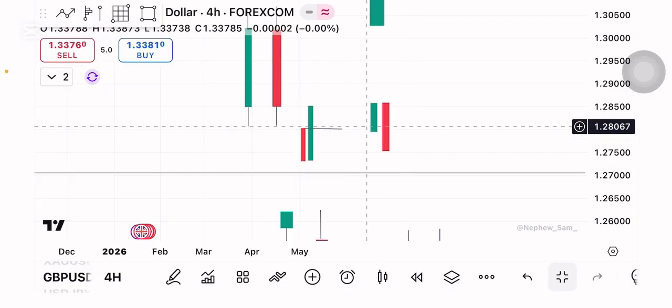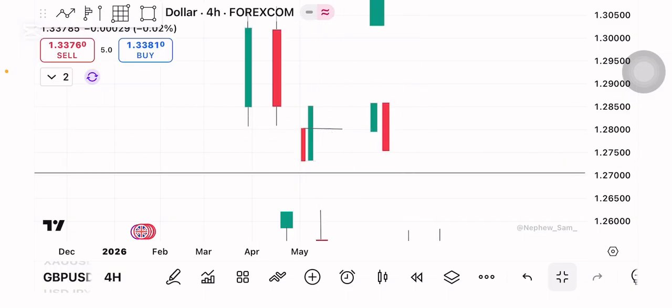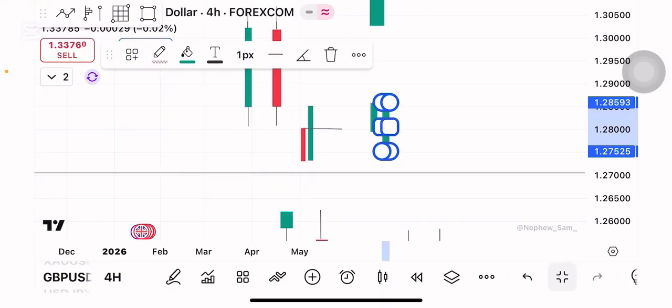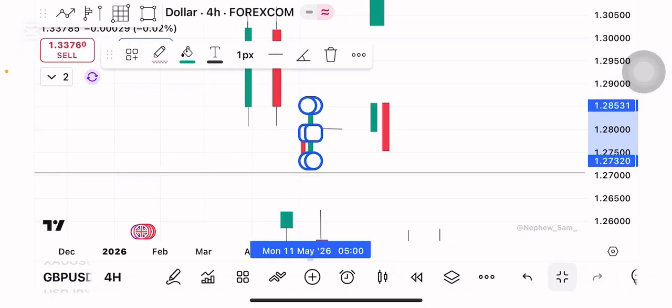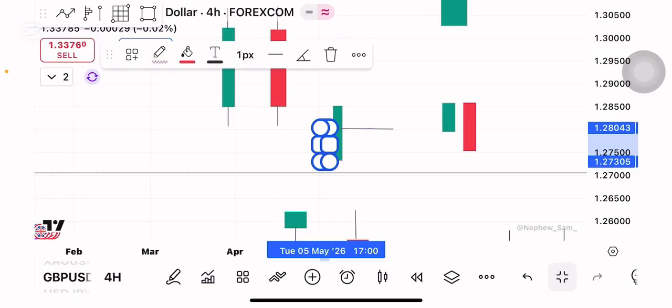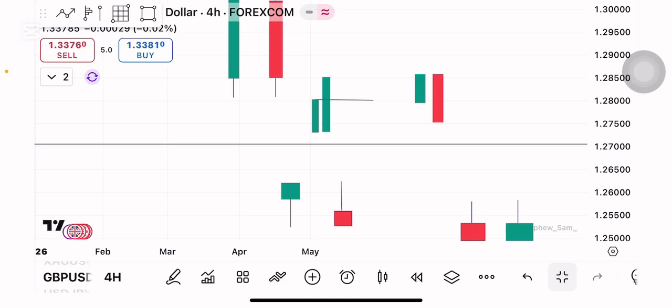But aside from that, we also have a bullish one like this. This other candle is also bullish. This is also an order block, a bullish one.